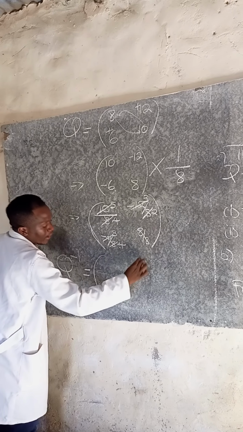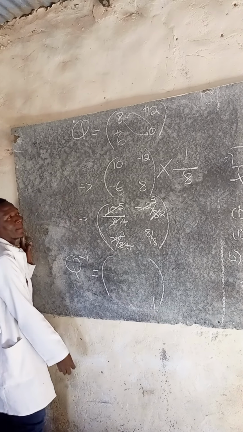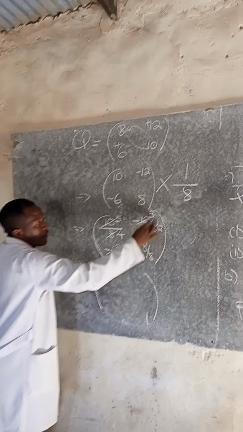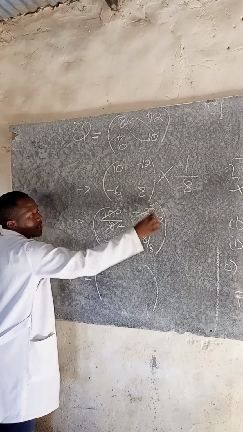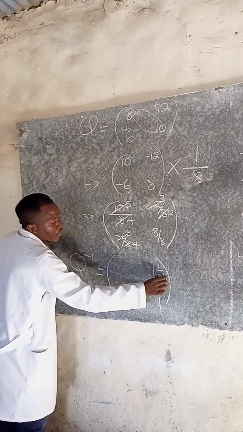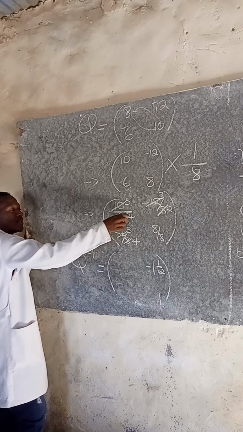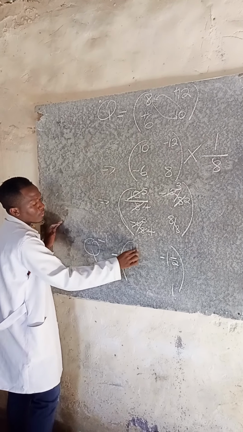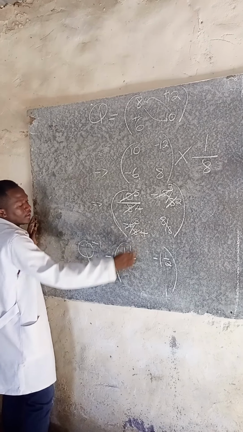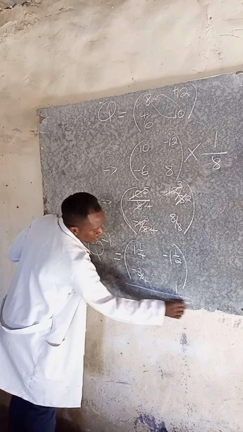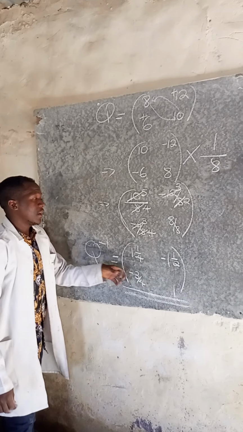Then 8 into 8, we are going to have a 1. Then this is 3 over 2. Here it's 3 over 2. So when we turn this into a mixed fraction, it's going to be 1 and 1 over 2, but with a negative. Then this is also an improper fraction. It's going to be 1 over 4. Then this is going to be negative 3 over 4. Then this is going to be the final answer for the inverse.